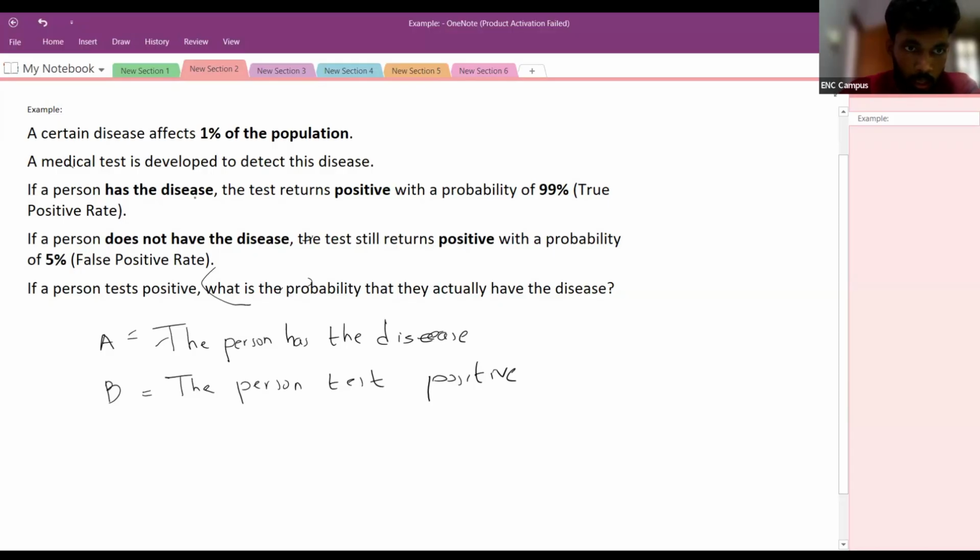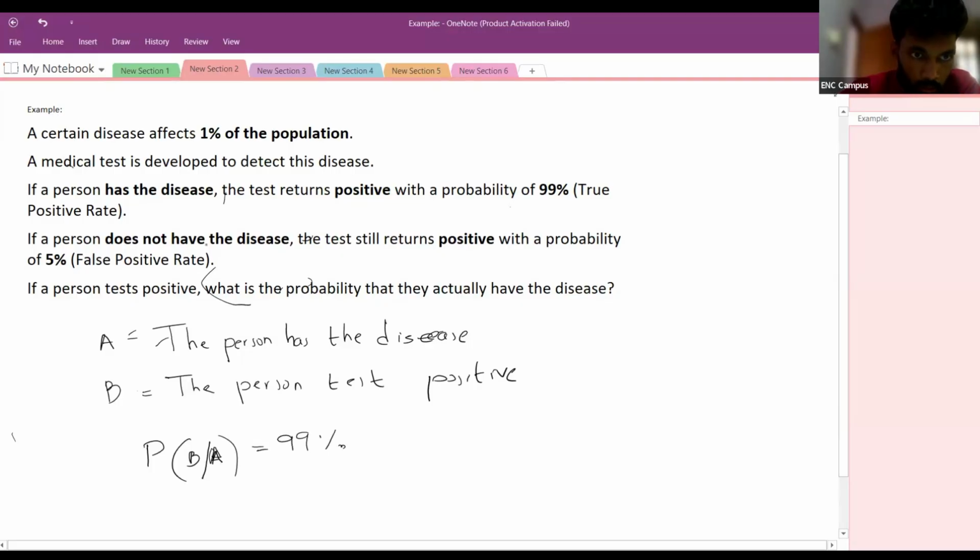So we have this data. If a person has the disease, the test result is positive with a probability of 99%. So that means B, the person tests positive given that the person has the disease, is 99%.